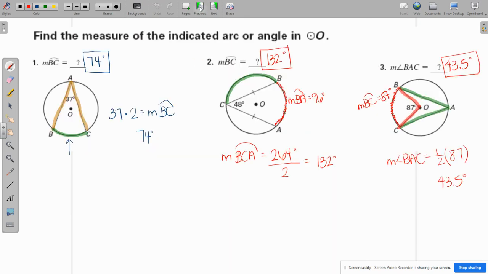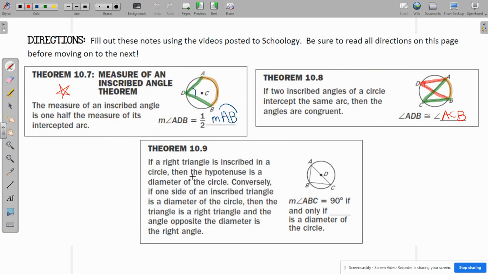Let's look at our third theorem. This theorem says if a right triangle is inscribed in a circle, then the hypotenuse is the diameter of the circle. Think about why this is. If you have a right angle here, so this is your right triangle, then that means you would have the inscribed angle ABC.